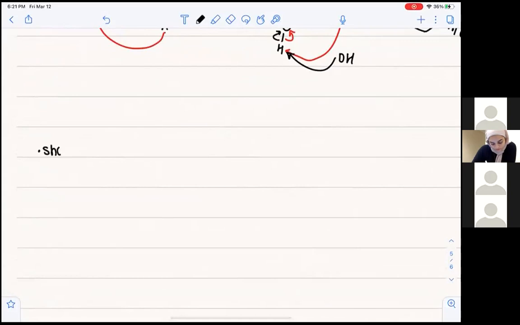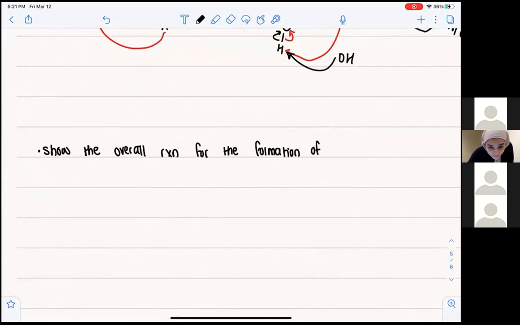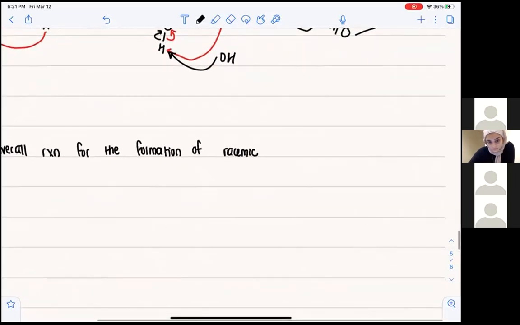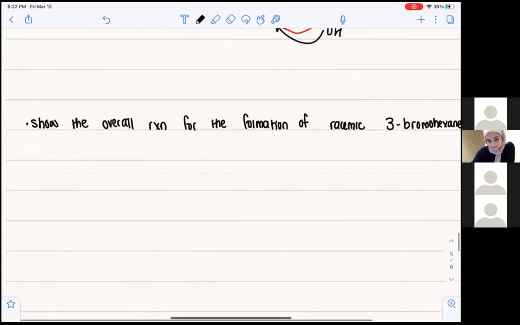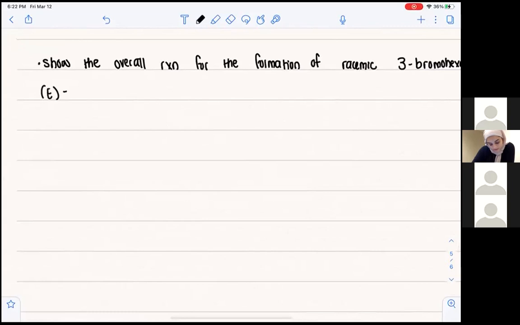Let's do: show the overall reaction for the formation of racemic 3-bromohexane from E-hex-3-ene.